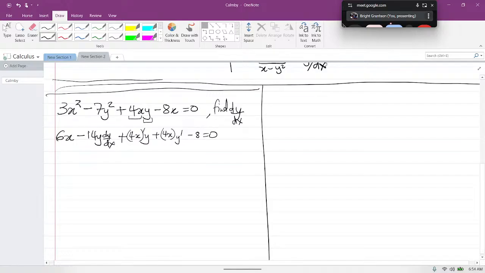So let's simplify. We get 6x minus 14y dy/dx plus 4y, you are not differentiating the y there, plus 4x, you are just attaching.